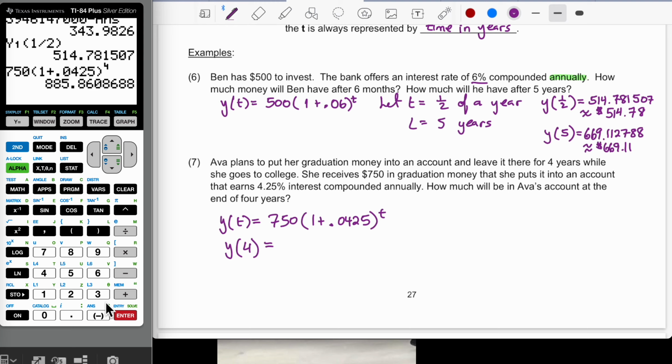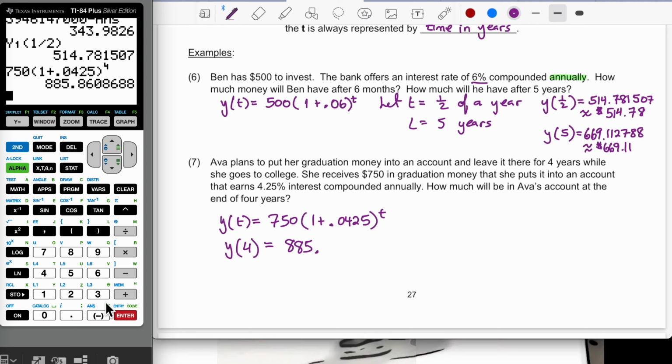All right, so we have 885. And honestly, I sort of question why this topic is in the curriculum, because we barely scratched the surface on it, not enough to really draw any meaningful conclusions. Because you kind of look at it and say, well, this is only one instance of compound interest.